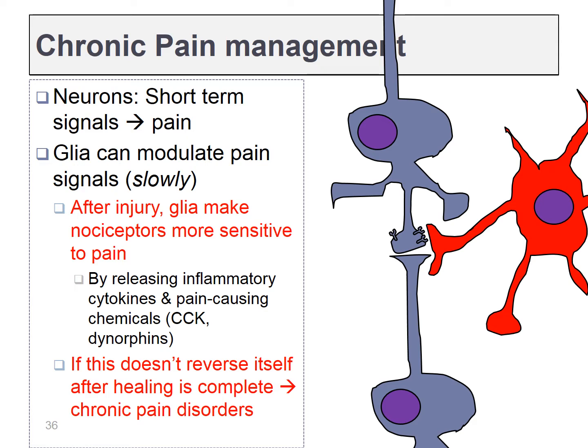These cells can release other chemicals that act as neuromodulators, making the postsynaptic cell more sensitive. They actually make you more sensitive to pain. And so maybe we shouldn't be designing drugs that affect neurons. Maybe we should spend more time designing drugs that affect the activity of the glia.